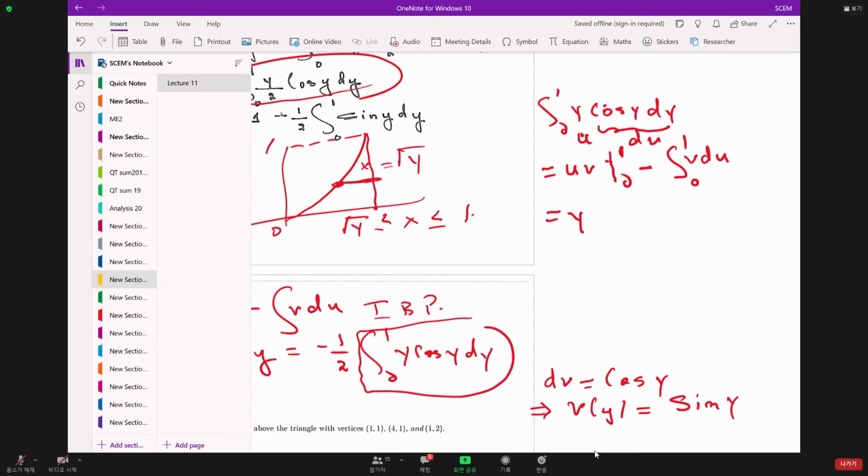You got it? So now you put sine y here, from 0 to 1, minus, now your v is sine y, so instead of v I'm writing sine y, integral from 0 to 1. Now u equals y, therefore du equals dy.